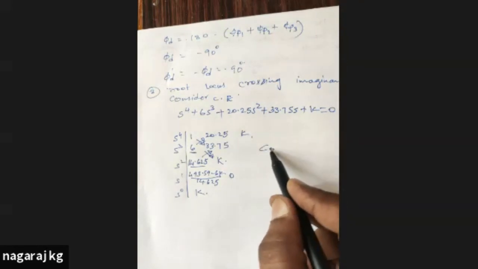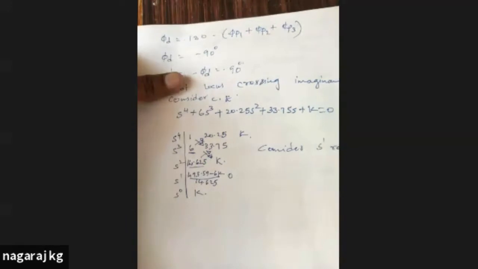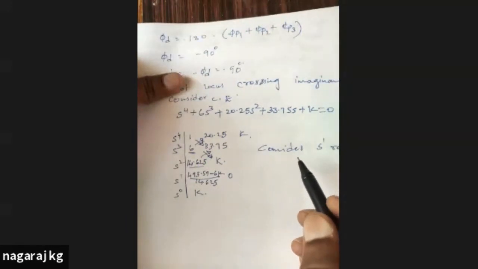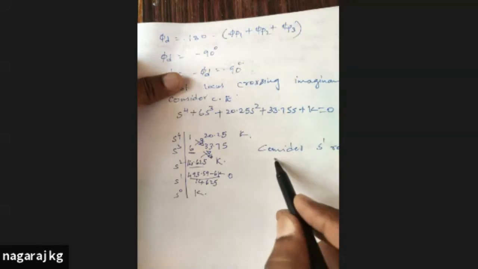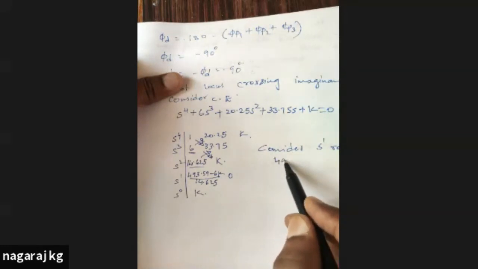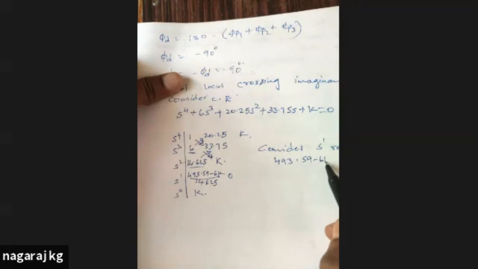Consider the s to the power of 1 row. In that, I can write 493.59 minus 6K divided by 14.625 is equal to 0.